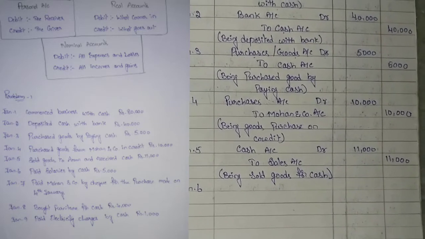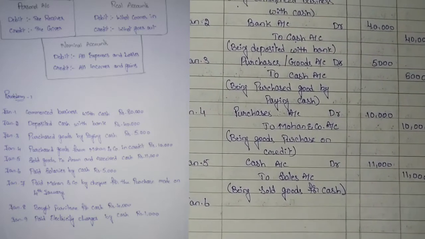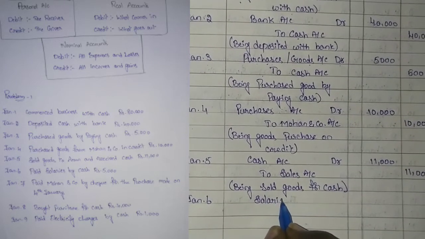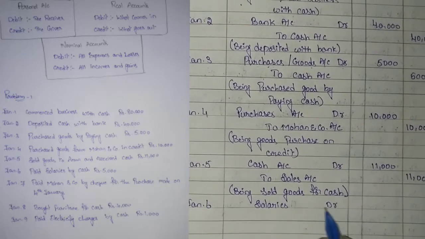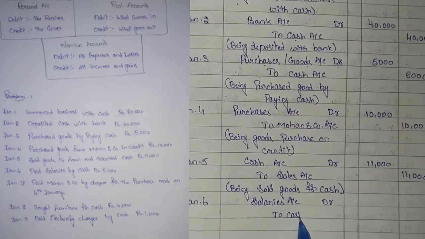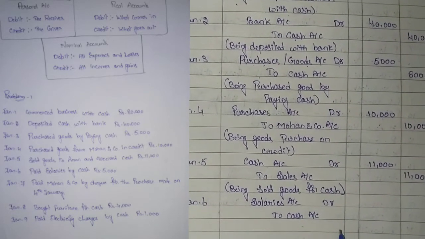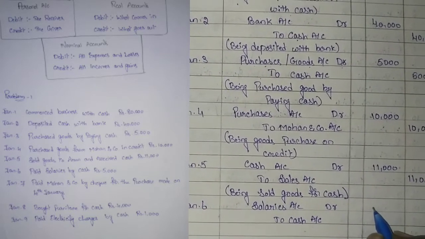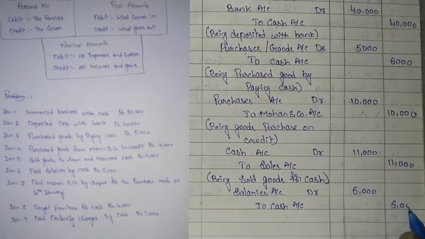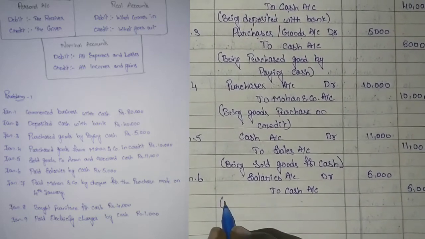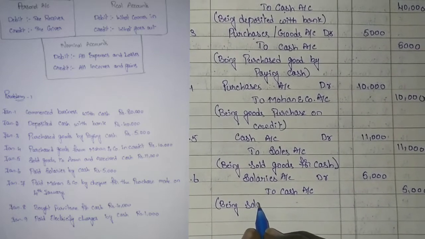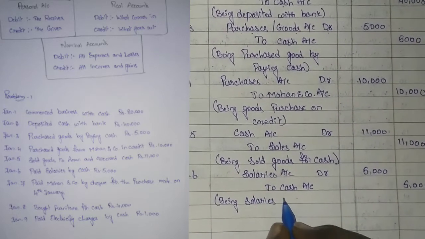So salaries account debitor to cash account. We are paying through cash mode, and the salary is 5,000 rupees on both debit and credit side. And the narration being salaries paid.